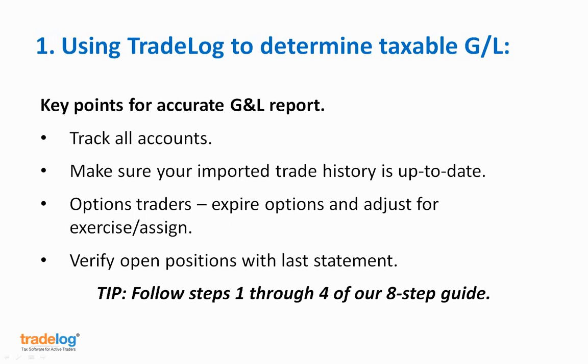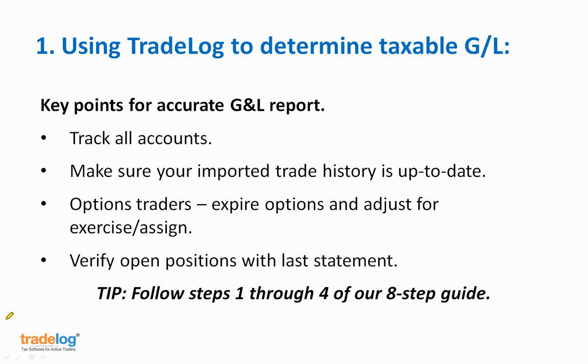You need to make sure that you've imported your trade history and that it's up to date. If you're an options trader, you need to adjust for expired options as well as exercised and assigned options. It's also good to verify open positions with your last broker statement. That's a good way of making sure the trade history is up to date.